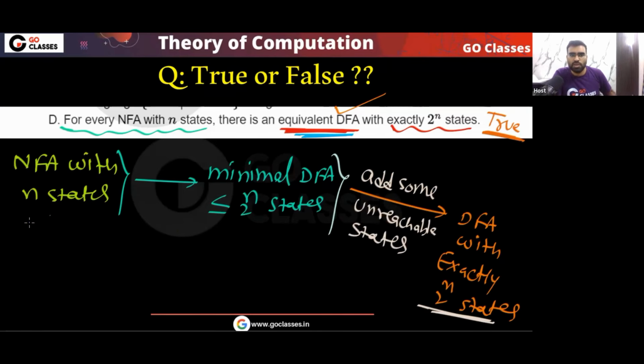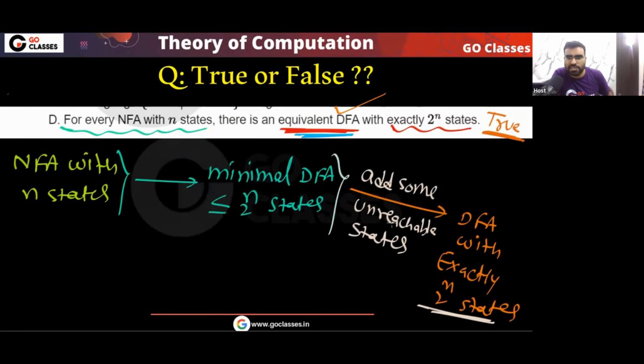Let me know. See, you have an NFA with n states. The minimal DFA will have at most 2 power n states. Now, if the minimal DFA has 2 power n states, then that is fine. Yes or no? Now, if the minimal DFA does not have 2 power n states, then what can you do?